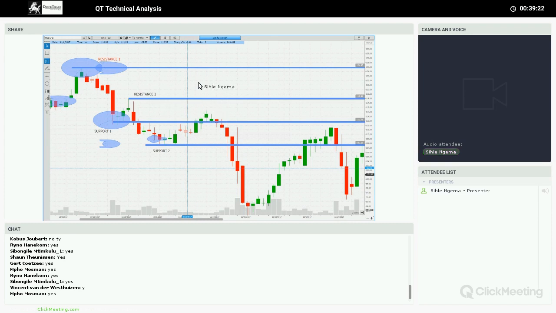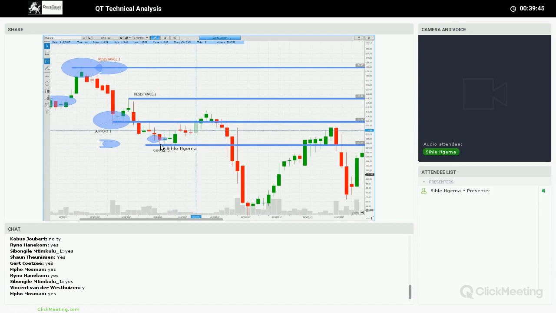Now, the way my lines are structured, support 1 is going to turn into resistance when the share is going towards it, right? Support 1 is going to turn into the newly formed resistance once the share starts to go in its direction.